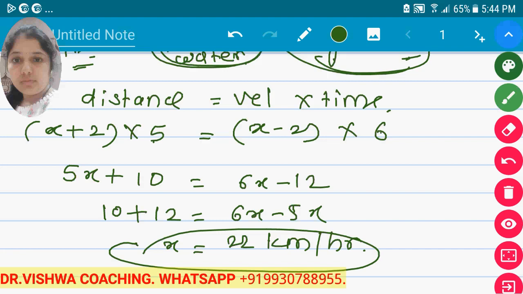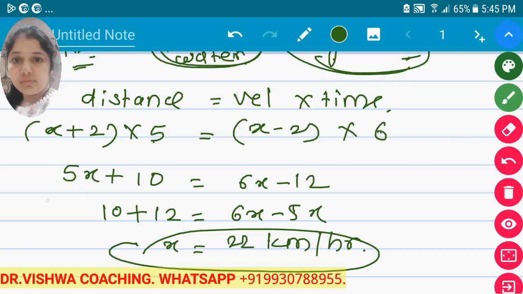Okay, and that only we want, because along with the flow of water, its speed is increased along with the water speed also.